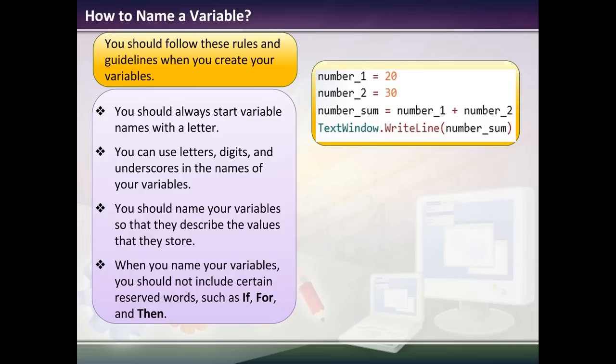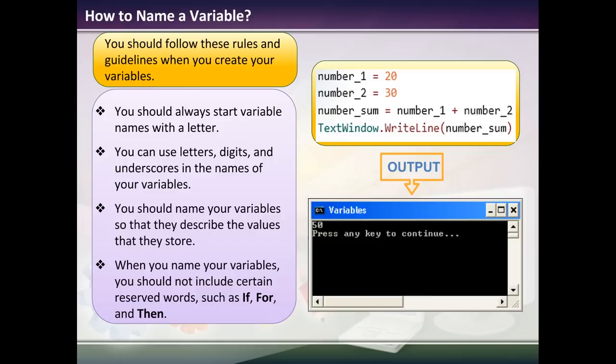So number1 is equal to 20. number2 is equal to 30. The variable numberSum is equal to number1 plus number2. And then we can print the sum by saying TextWindow.WriteLine(numberSum). When you run the program, it will simply show 20 plus 30, which is 50.